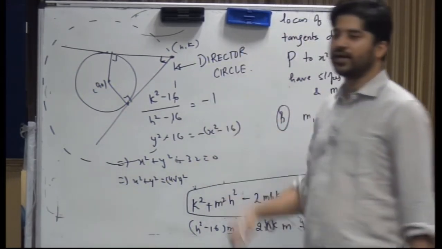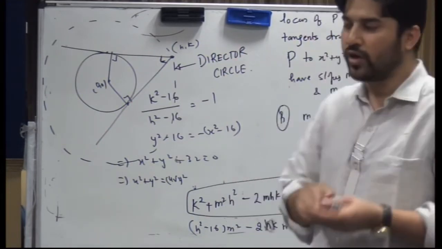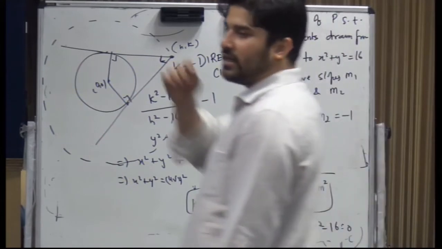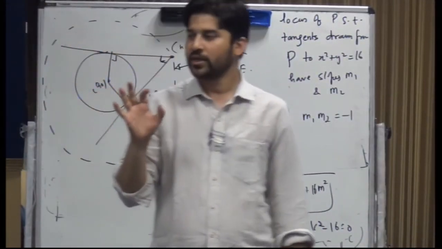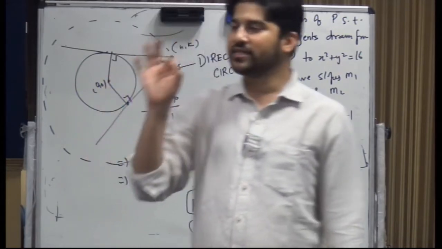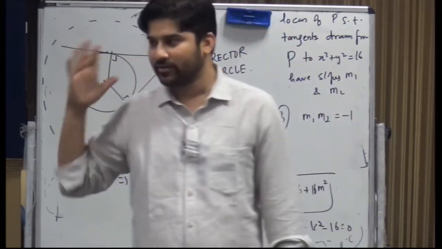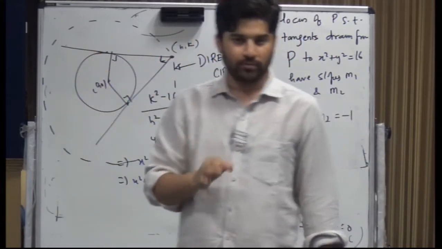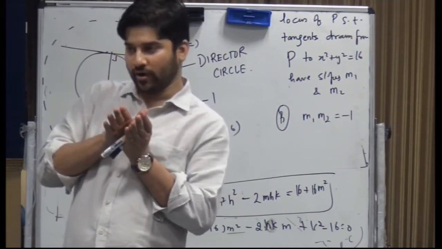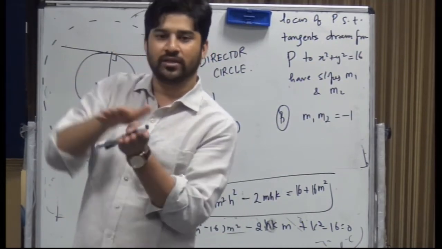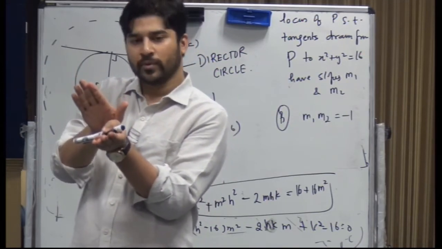So what is a director circle? We define any curve by its locus. Director circle is the locus of a moving point P such that if two tangents are drawn from this point to the circle, they will always be perpendicular.